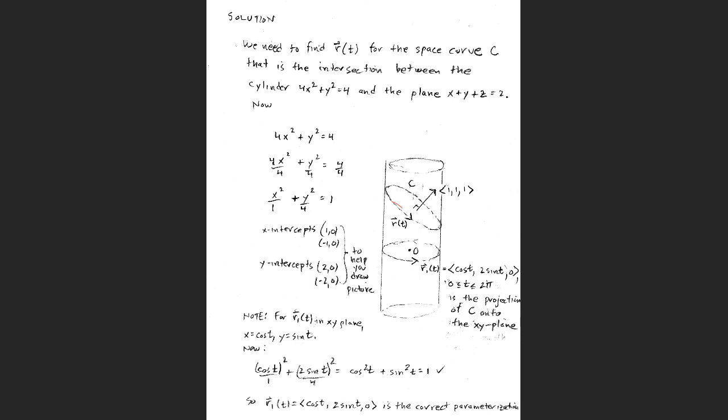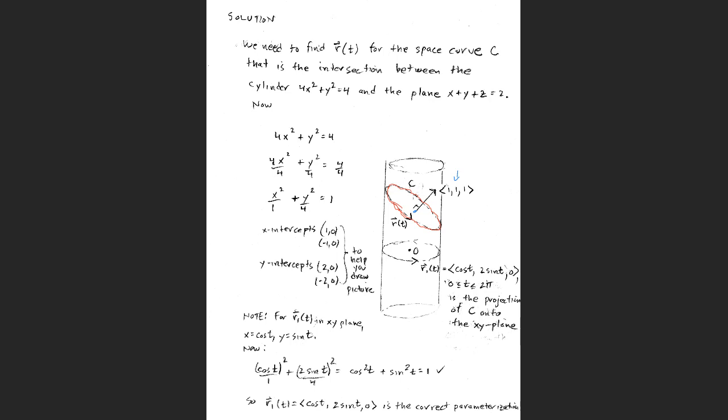Okay, there's the curve, space curve. And you'll notice that protruding from the center of the space curve, the region inside the space curve, I've drawn a vector that has components 1, 1, and 1.